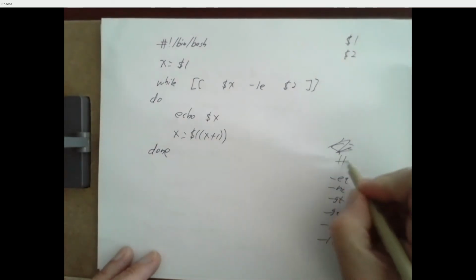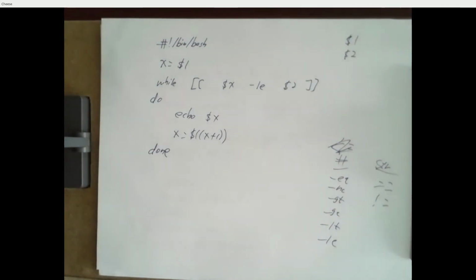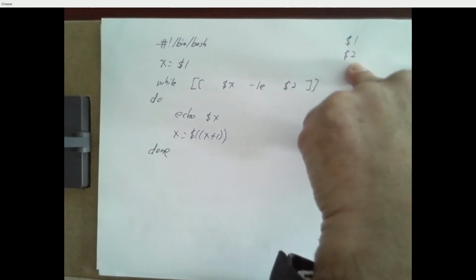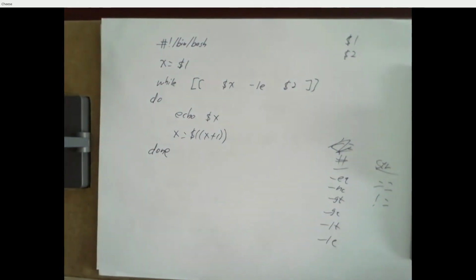Right, so that's for numbers. Comparing strings, use one of these: equal equal, or not equal. So $1, $2, those are your first two arguments, okay? The indexing is a little weird sometimes.